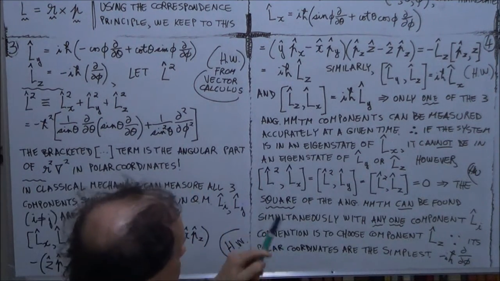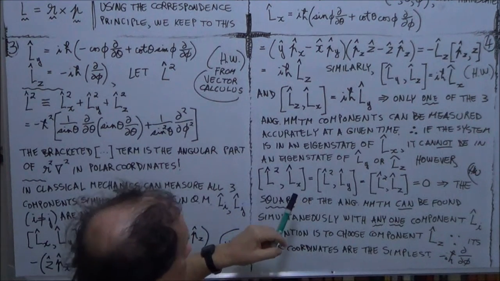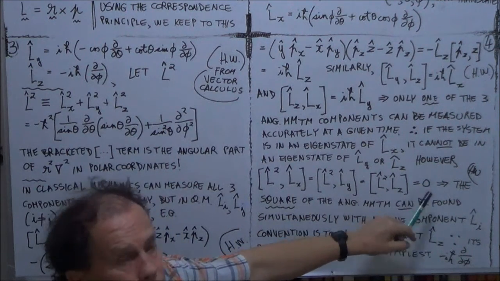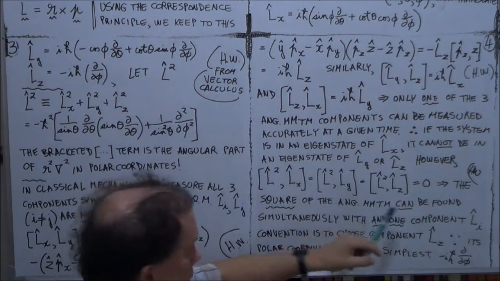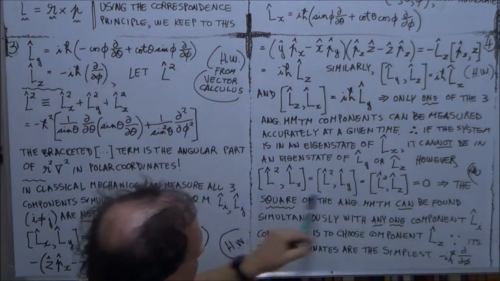Find the commutator for L squared and Lx, and you'll find that it does commute. It's 0. And similarly for L squared and Ly, the commutator, again 0. And L squared and Lz is 0.